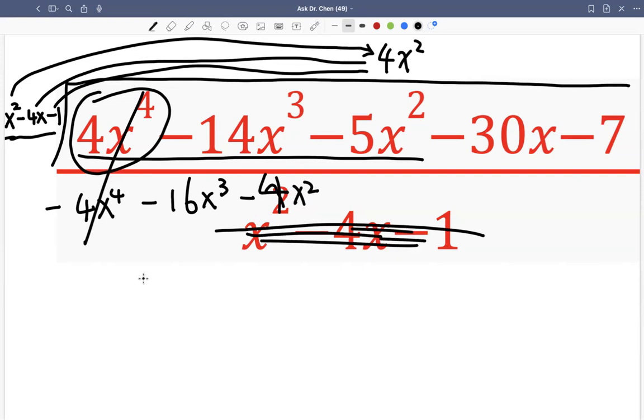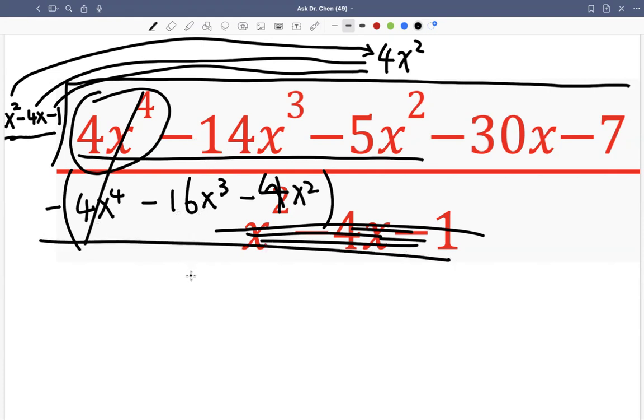Right? So then I subtract. We multiply 4x squared with this divisor, get these 3 terms. So we're going to subtract from the above. The leading term adds up to be 0. And now negative 14 minus negative 16 becomes negative 14 plus 16.